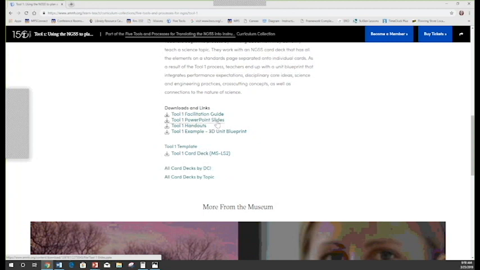Their PowerPoint slides on how they present Tool 1. All Tool 1 handouts, including a Tool 1 example. And then the Tool 1 template that is blank. And I made card decks for Arizona, but these ones are for NGSS, so these ones wouldn't be helpful to you.